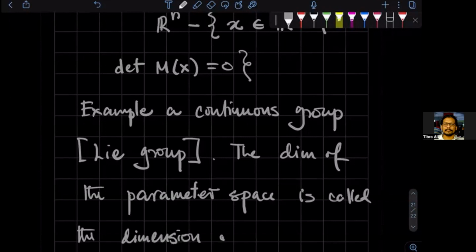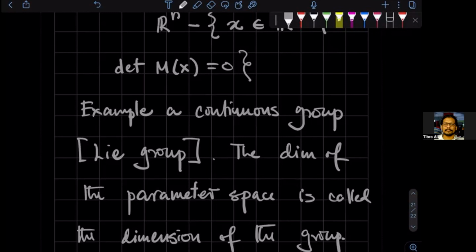Okay, dimension of the group. Because what is the number of elements of this group? Uncountably infinite. Right, so it's uncountably infinite. Therefore, the idea of a dimension is a more useful notion.